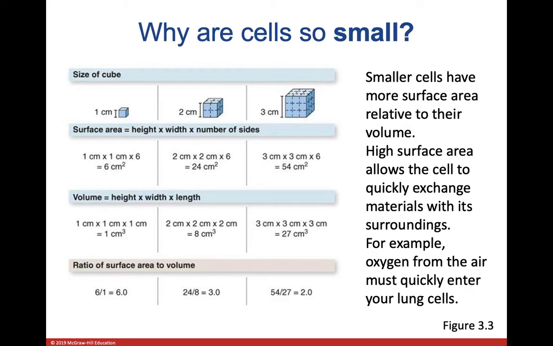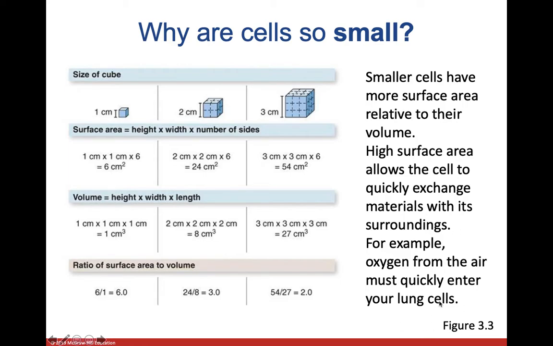So most cells are very, very small, because the smaller you are, the less energy it takes for you to survive. So cells can only get so big until that concept of it taking more energy than you can acquire from the environment starts to play in. To keep us going, we have to have oxygen exchange with our lungs very quickly.